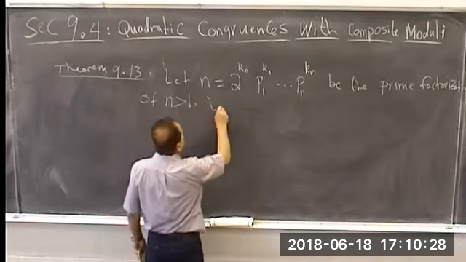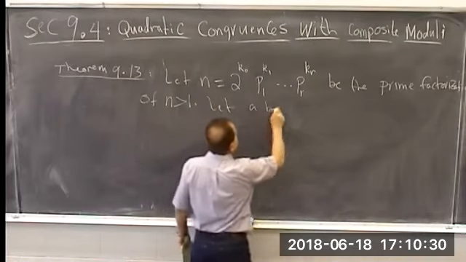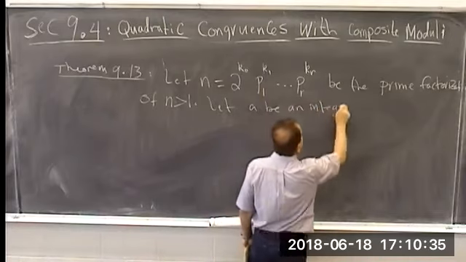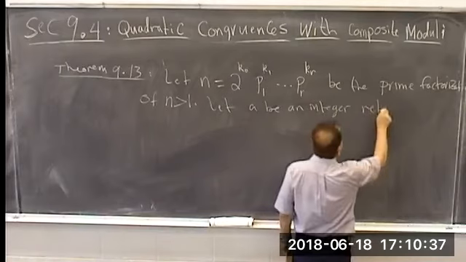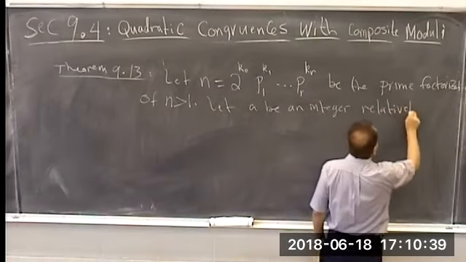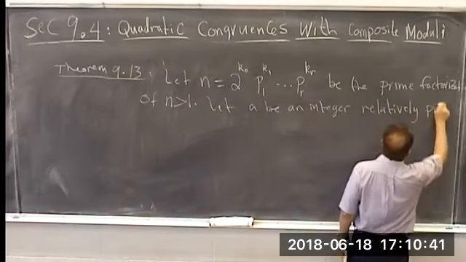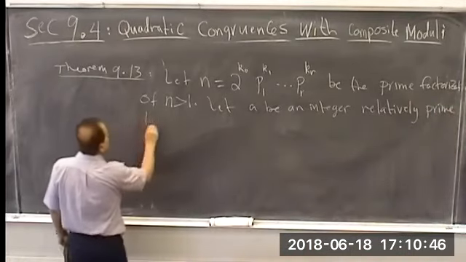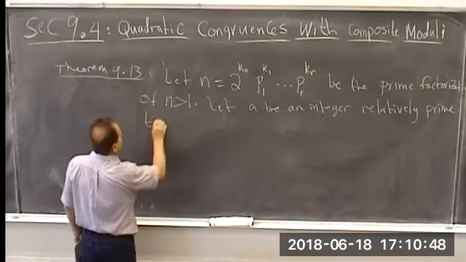Now we're going to let a be an integer relatively prime to n.